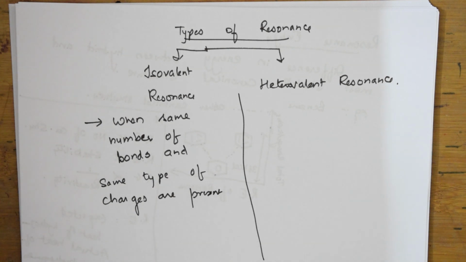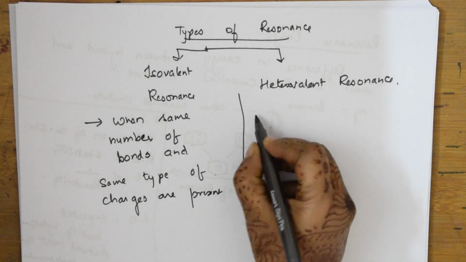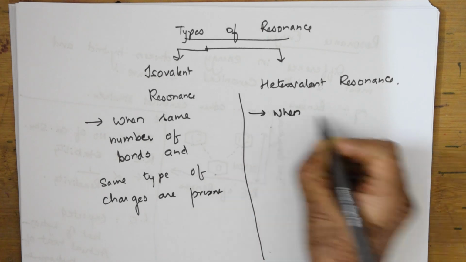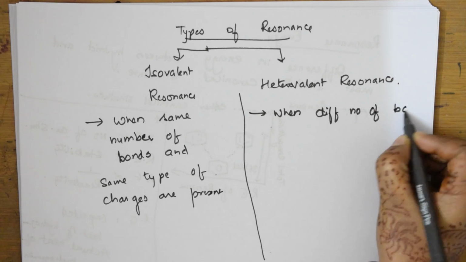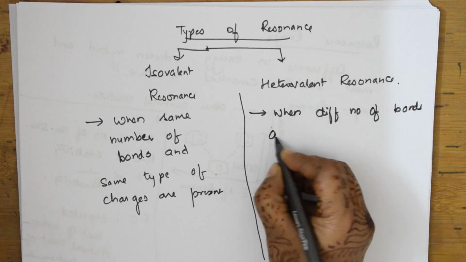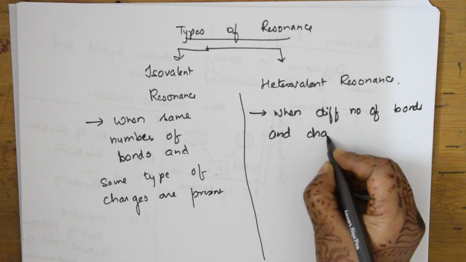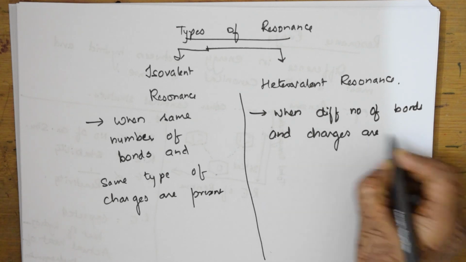Suppose I have to take hetero, my line is not straight, I'm sorry for that, students. When I take heterovalent, hetero means different, isn't it? Right. Iso means same number of bonds and same type of charges. But when it comes to heterovalent resonance, you have to remember different. Hetero means different. When different numbers of bonds and charges are present.